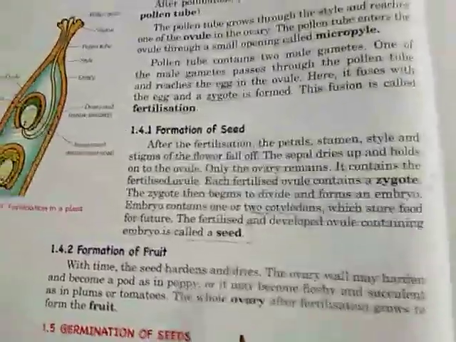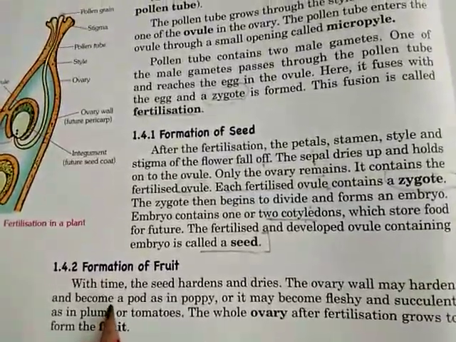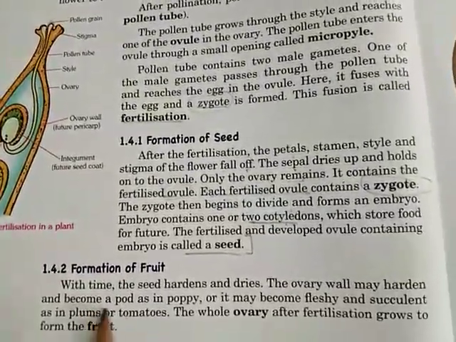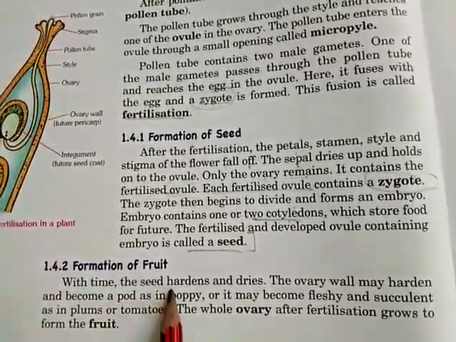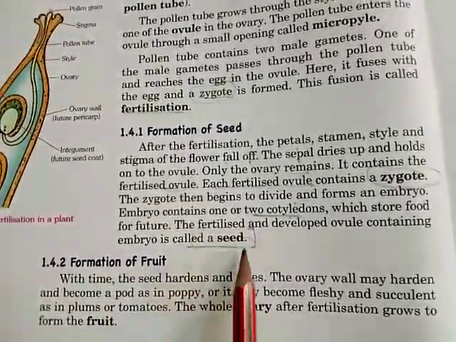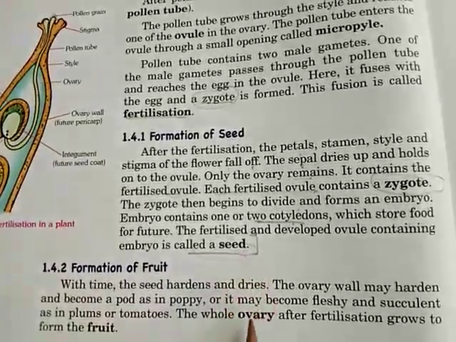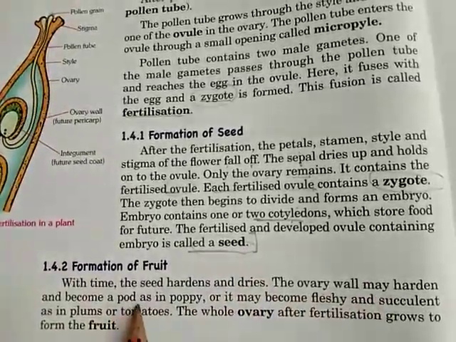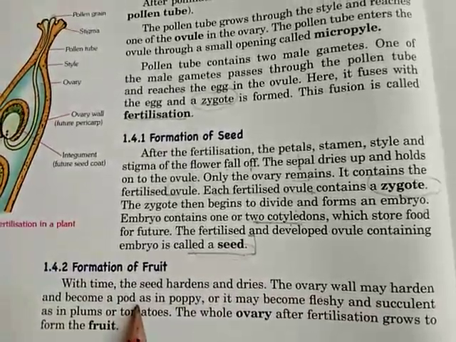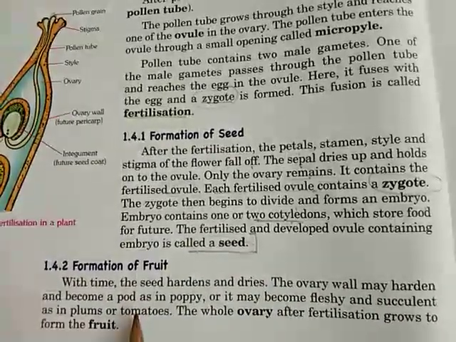Then there is formation of fruit. As time passes, the seed hardens and dries, and the ovary walls may become hard or fleshy.